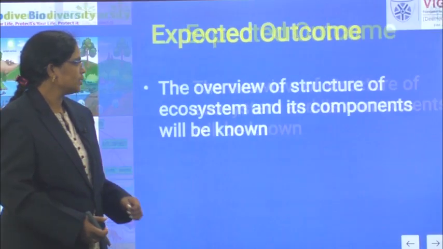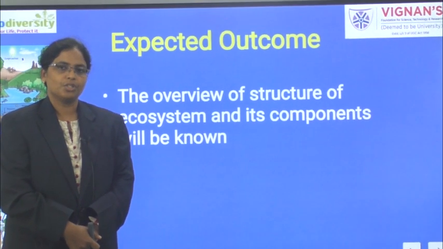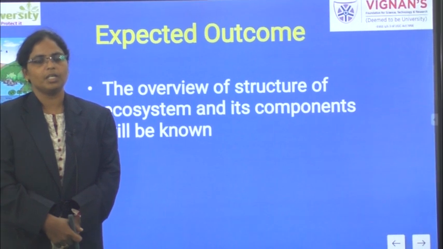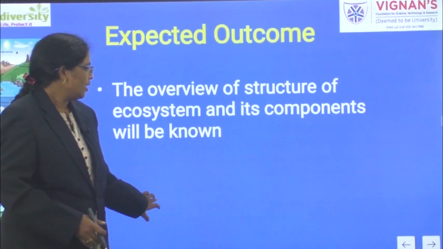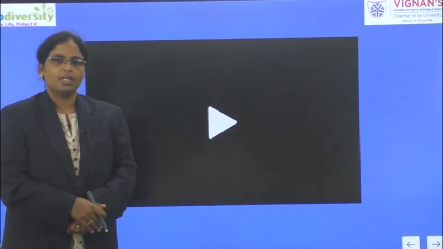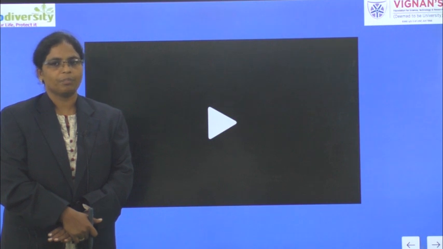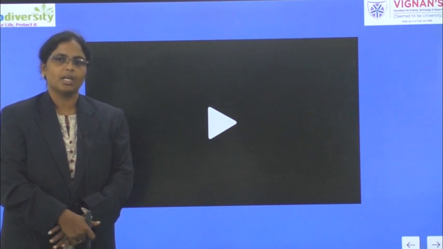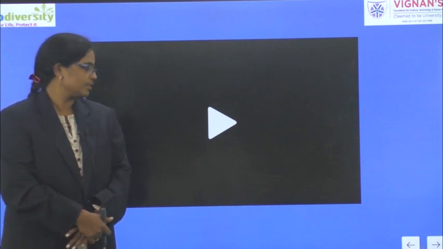After going through this topic, the expected outcome is that the structure of ecosystem, particularly biotic and abiotic components, will be known. Now we will see the video animation where it describes various structural features of the ecosystem. Here it describes abiotic components, those are non-living factors, and biotic components, which are living factors.